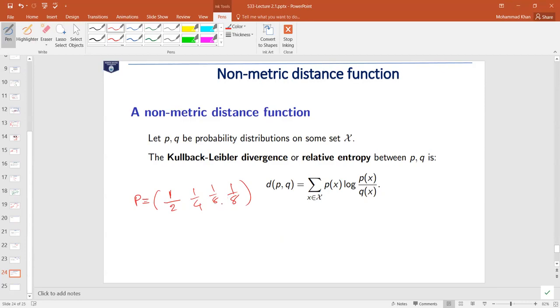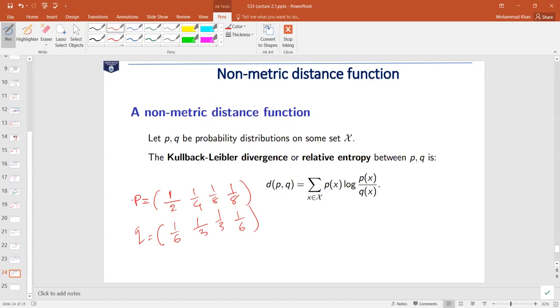There are 4 different values, and the probability values are distributed in this way. And Q could be another probability distribution, and the probabilities are distributed this way for the 4 different values. And again, they add up to 1. That's why it's a distribution.